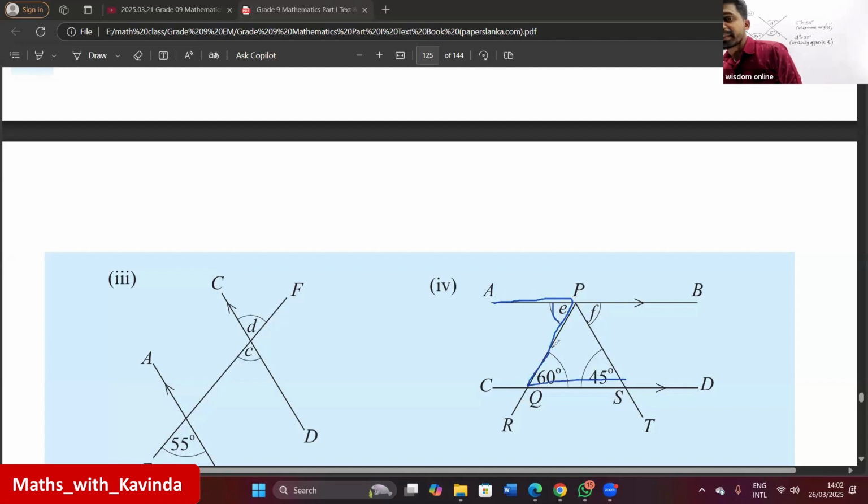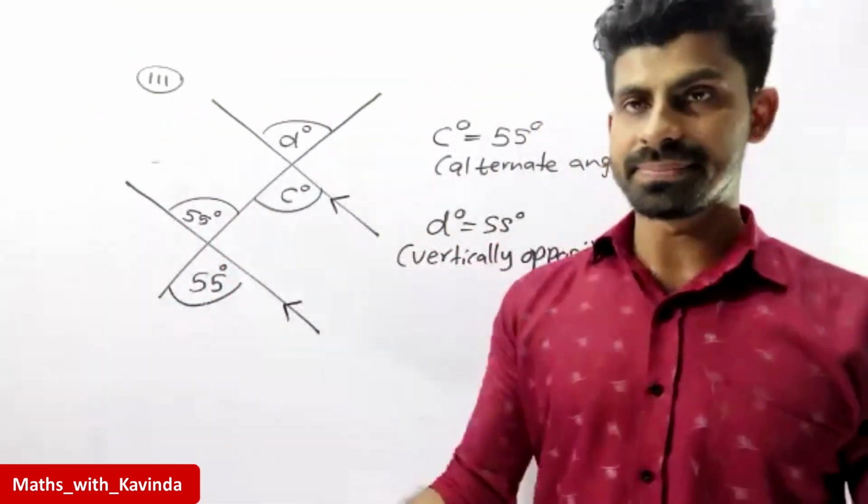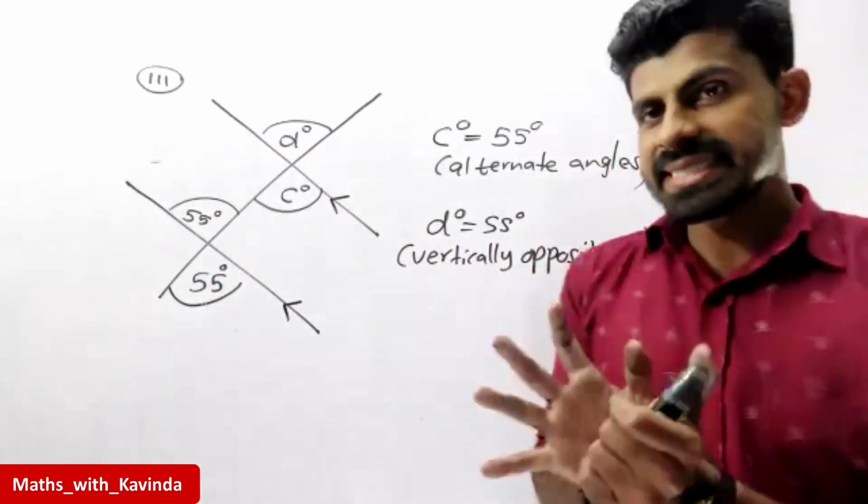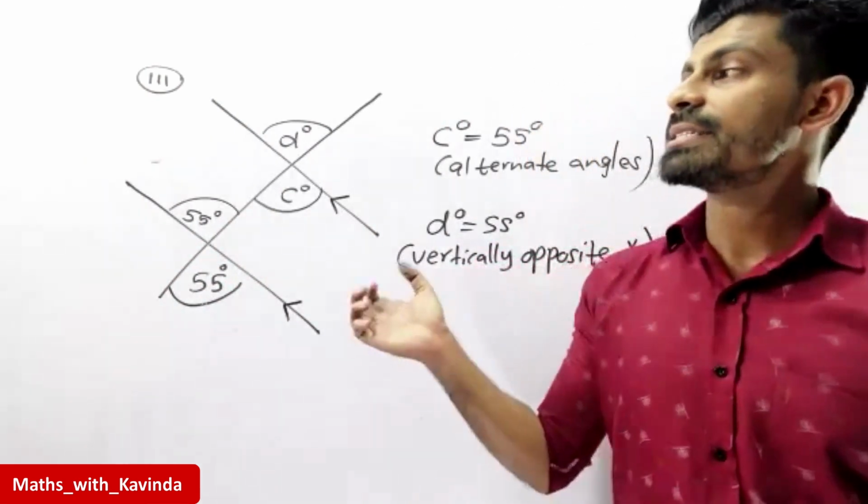So E equals 60, and F equals 45. Can you understand my logic? 1, 2, 3, so F equals 45. E equals 60. Alternate angles are equal. Very easy lesson, right?